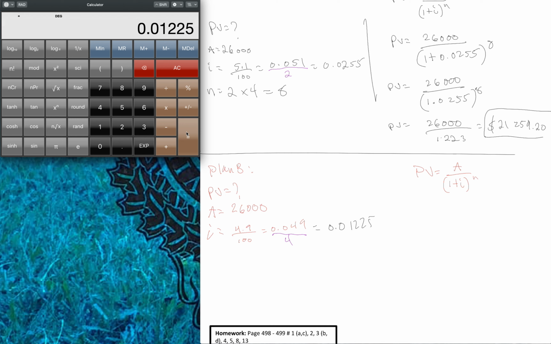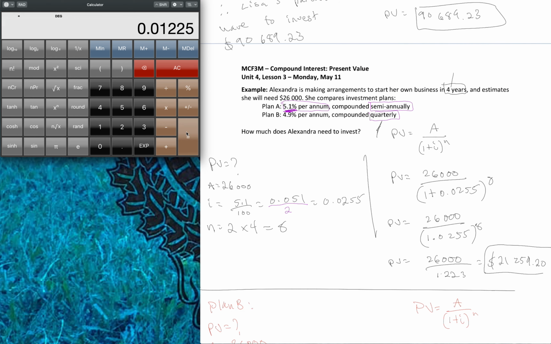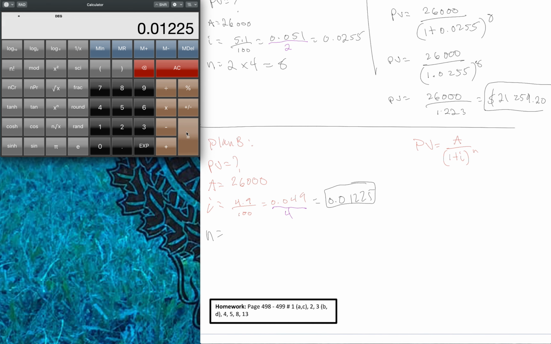That's how much interest you're going to earn each compounding period. Now the number of compounding periods is going to depend on, again, if it's happening 4 times per year, right? And it's going to be in there for 4 years. That's 16 compounds that you get.